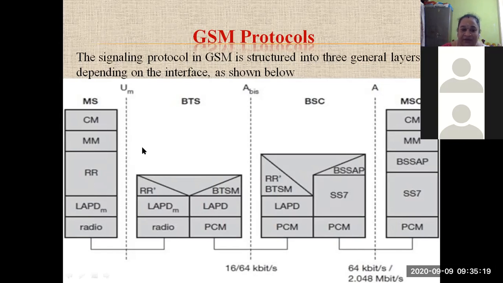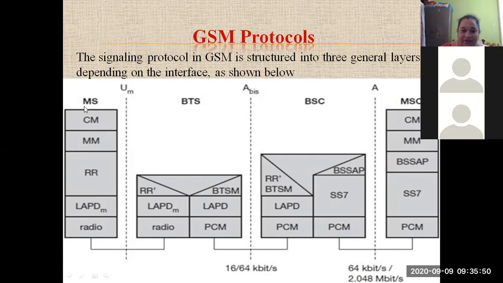Radio resource management, mobility management, and call management are between the MS and the BTS. And the physical layer communication is common between all the systems using pulse code modulation. BTSM is managed by the radio resource management. And BSSAP is nothing but the base station subsystem application protocol, which is managed using the BSC in between the BSC and the MSC here.